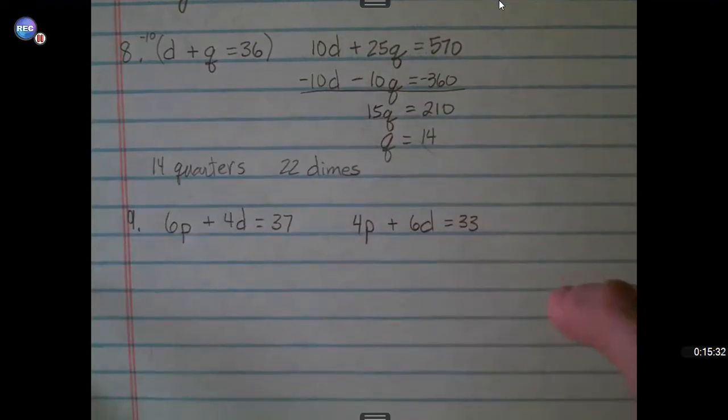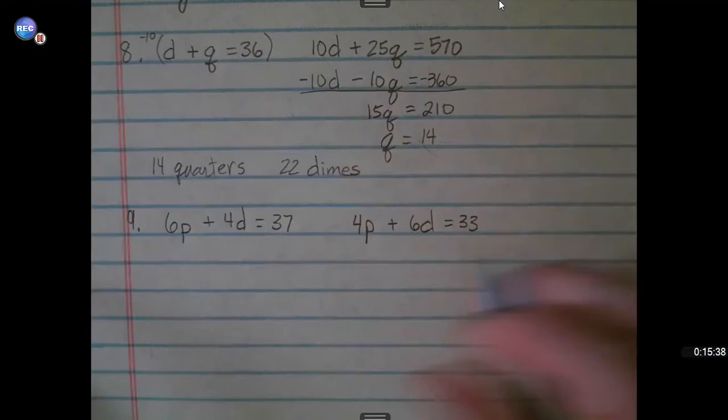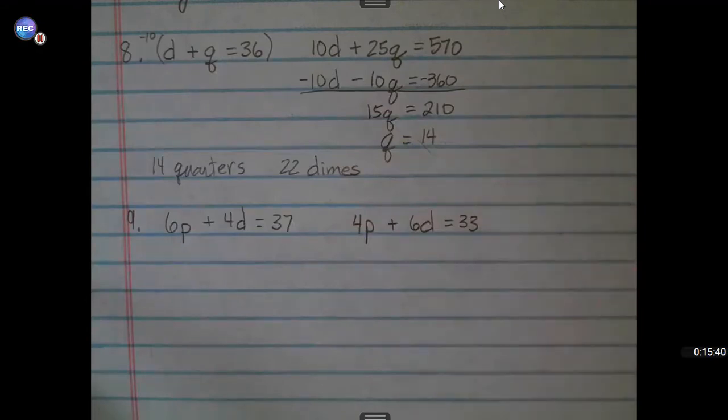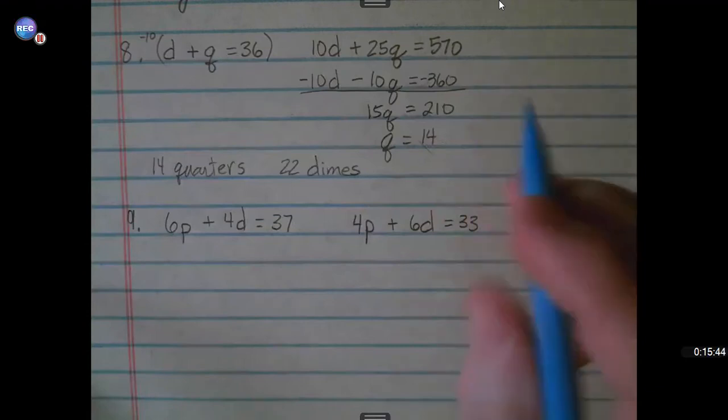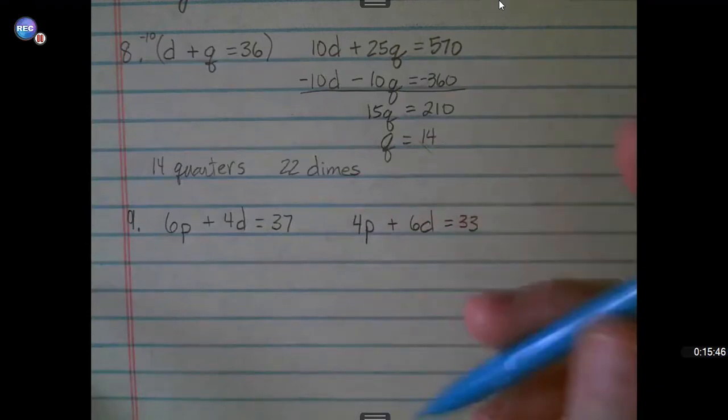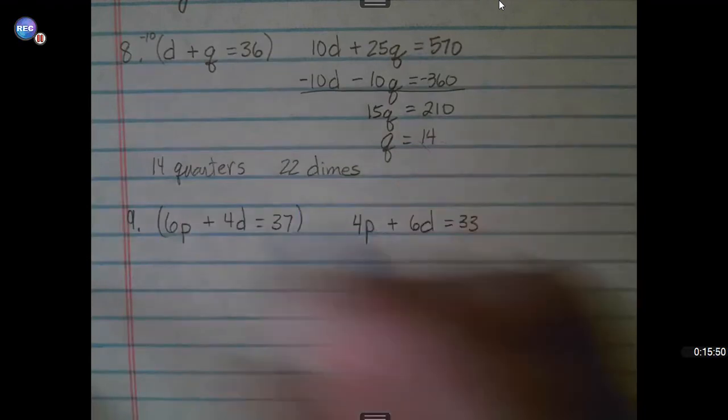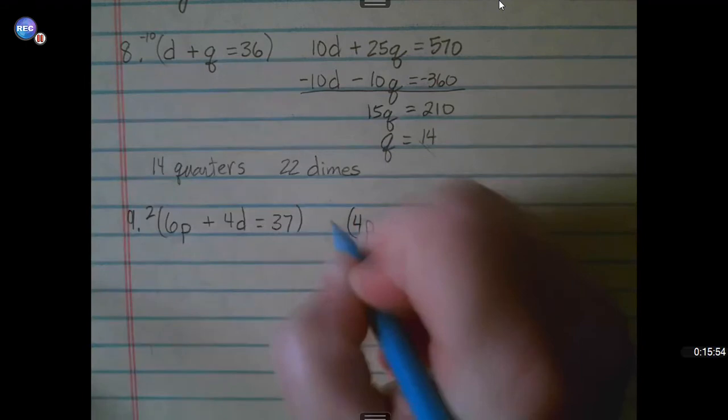So get a plan. I'm going to drop out the p's. It doesn't matter. So I'm going to multiply this by 2, and I'm going to multiply this by -3.